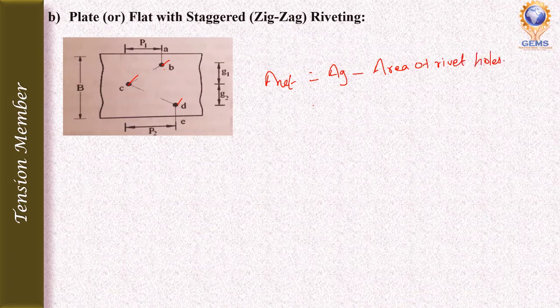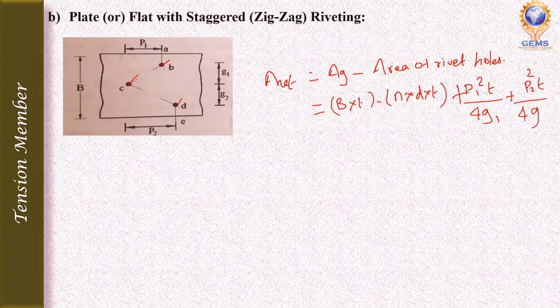So, we find this as B into T minus N into D into T. And what is the term here? We have a pitch term, so we have to add that, that is P1 square into T divided by 4G1 plus P2 square into T divided by 4G2.